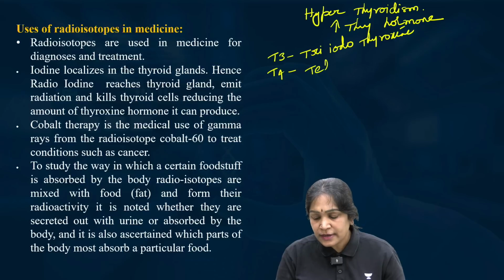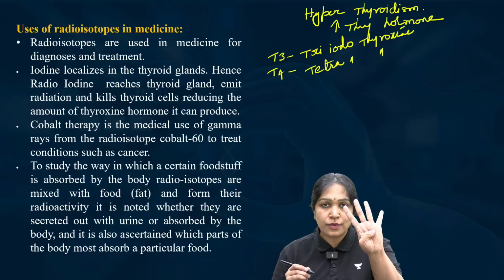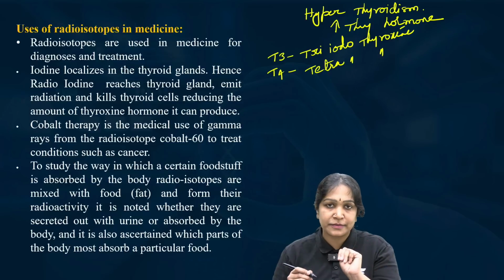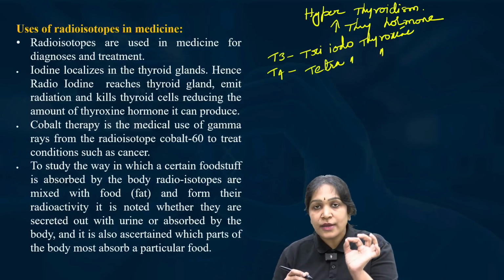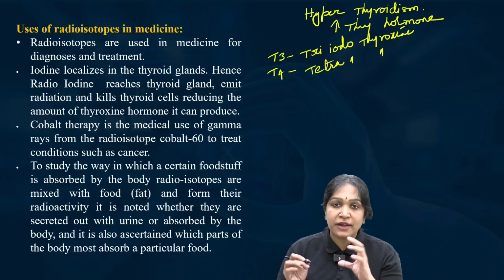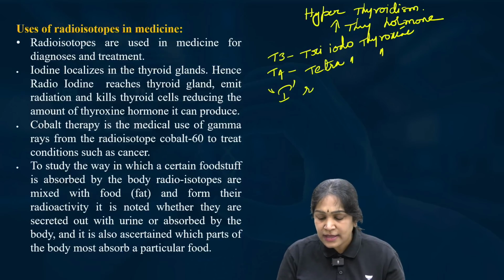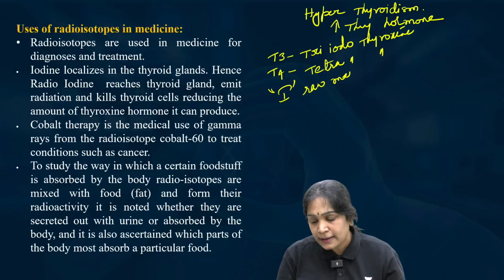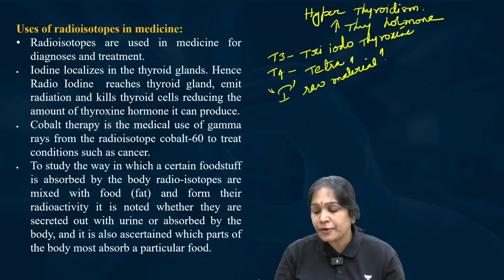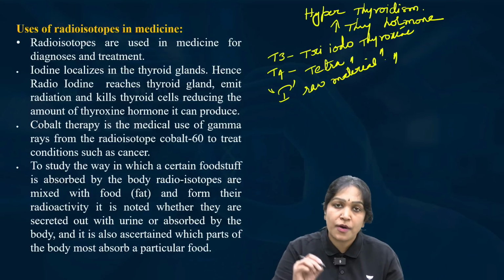T4 means what? Tetraiodothyroxine. 4 iodines in the thyroxine. From this what we can understand, iodine is the raw material for the production of thyroxine hormone.